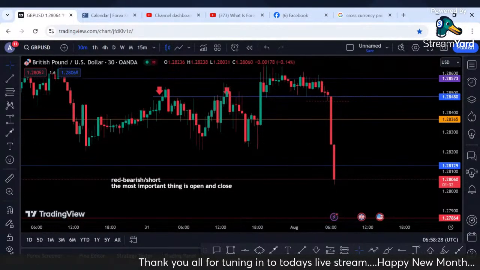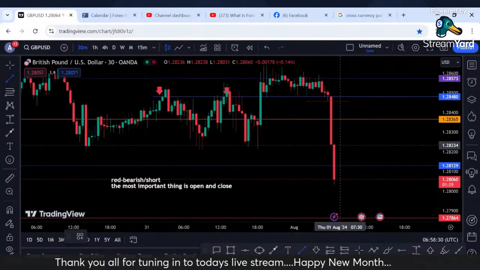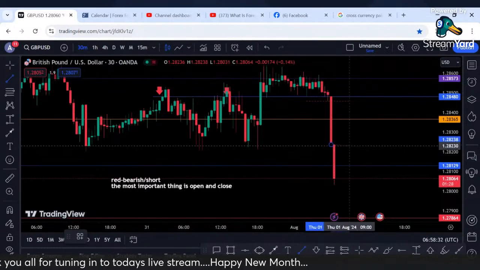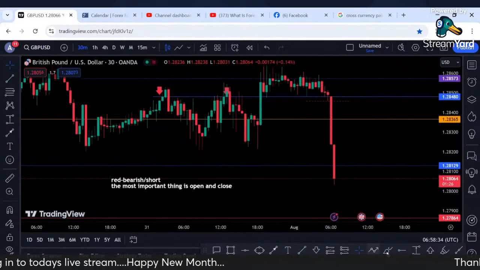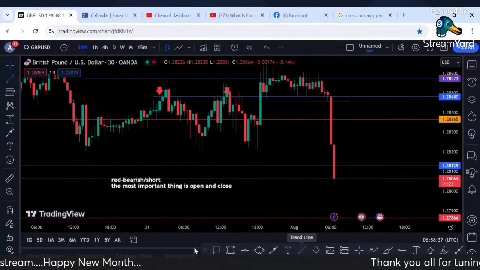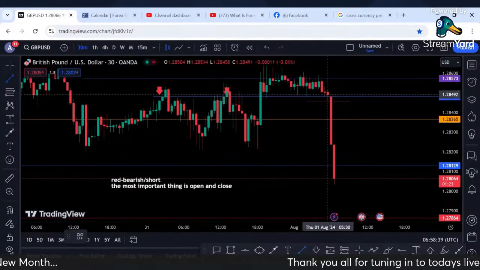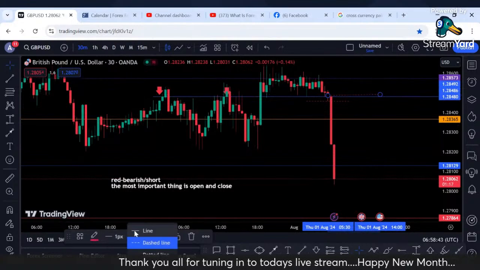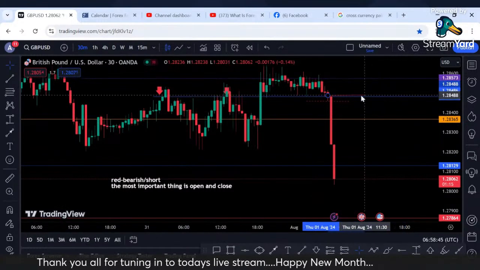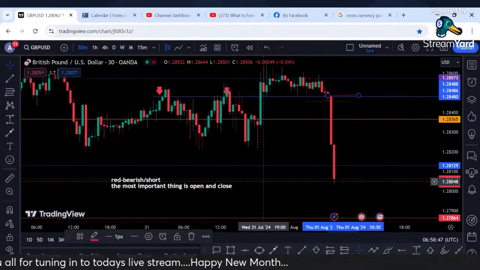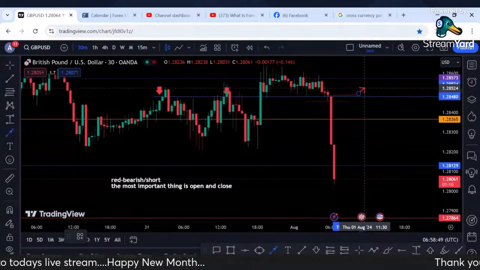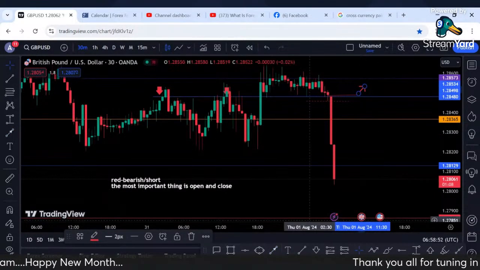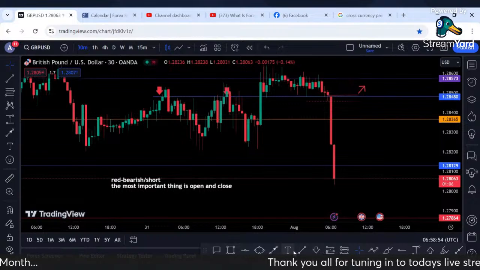So this one, for instance, this is where the candle opens. Okay, this is going to be the opening price.